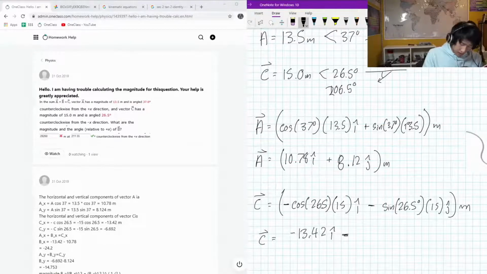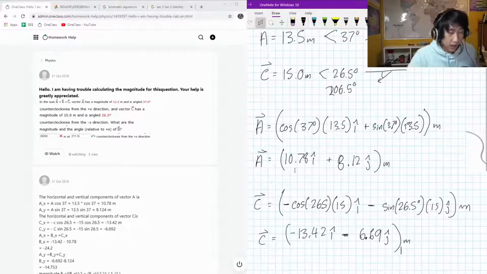Sine is going to be minus 6.69 in the j direction, and that is all in meters.